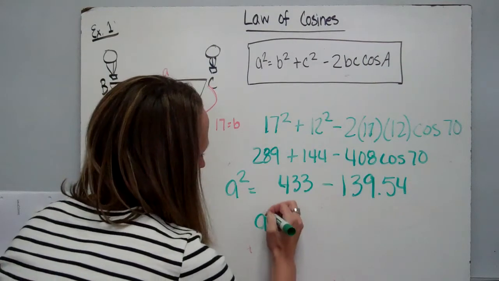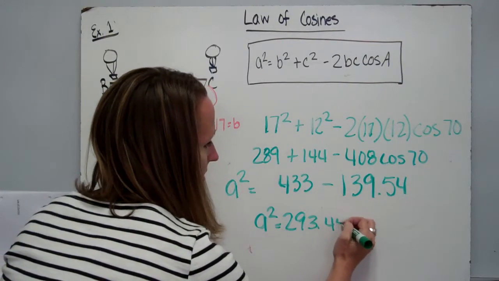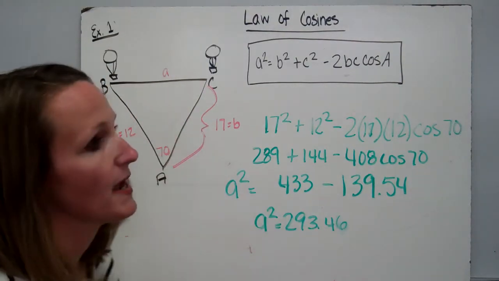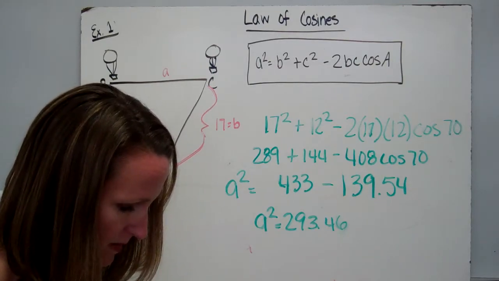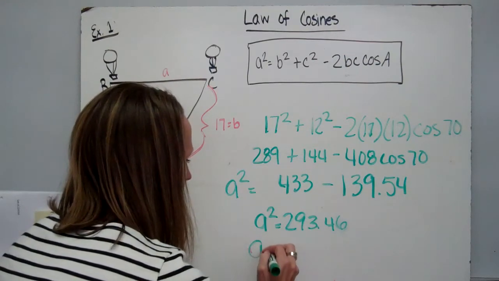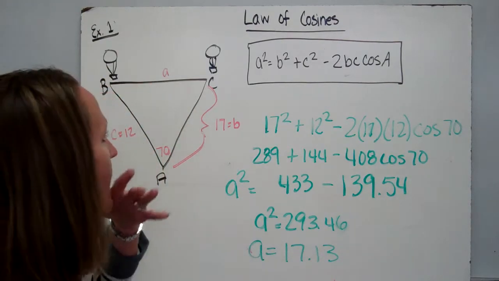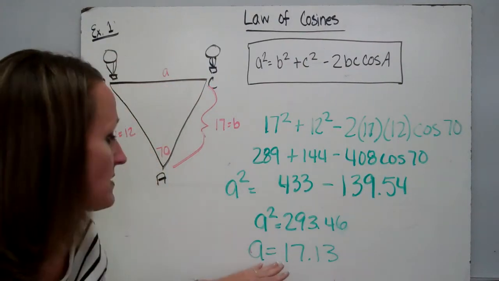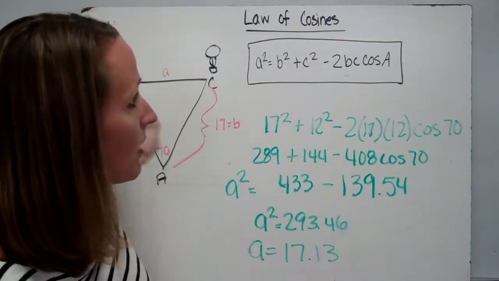I get A squared equals 293.46. Keep in mind, that's A squared. I'm looking for A, so kind of like in the Pythagorean theorem, you have to go back at the end and take your square root, and you're going to get that A equals 17.13-ish. So the distance between the two hot air balloons we find to be 17.13, again, by using this law of cosines.